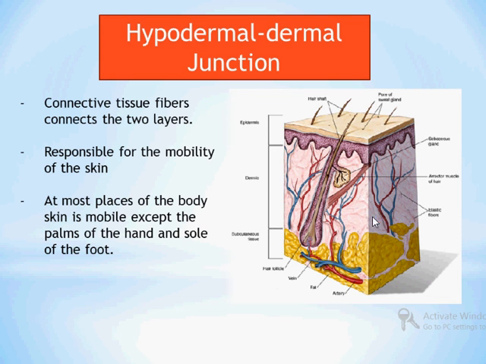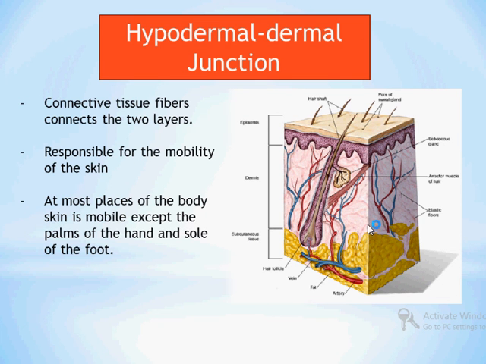Now these fibers move from the bottom to the top. These connective tissue fibers make this junction, and this junction is responsible for the mobility of the skin. The amount of mobility of the skin above depends on how tense this connection is.